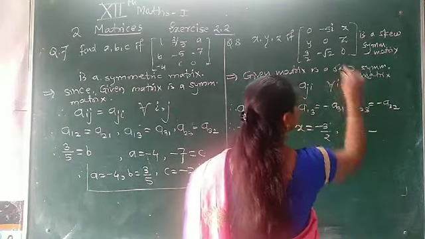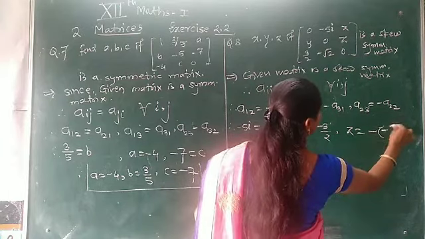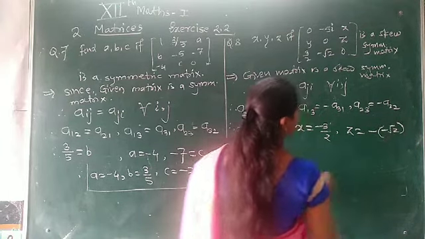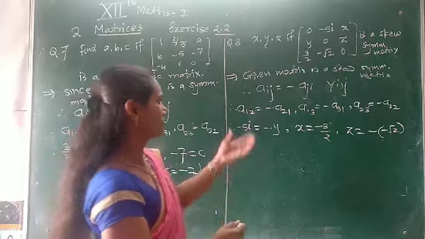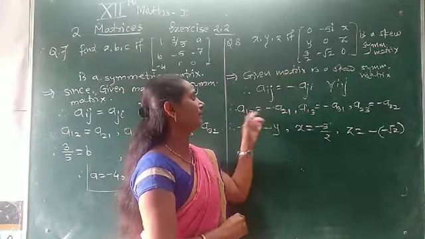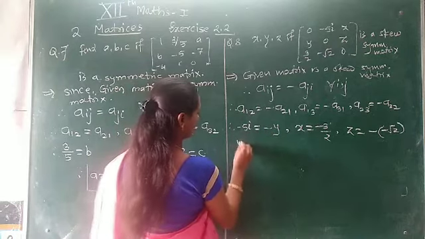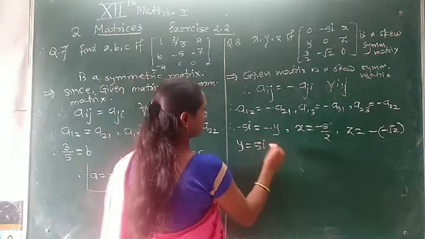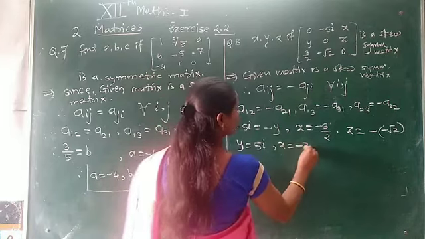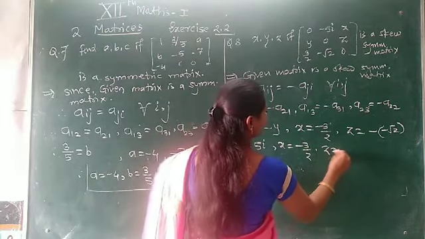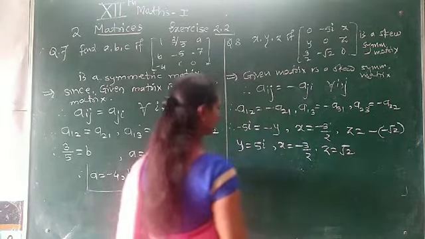Minus a32 is minus of root 2. Here we only compare aij is equal to minus aji. So both signs are minus. Therefore y is equal to 5i, x is equal to minus 3/2 and z is equal to root 2.